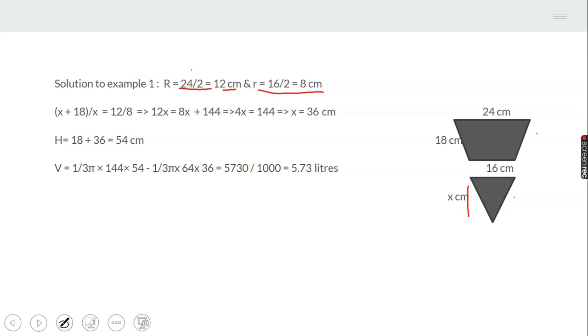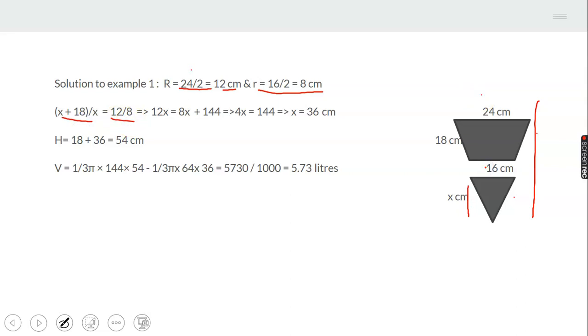Now, by symmetry, the ratio of the height of the bigger one, the entire cone, over the height of the smaller one will be the same thing as the radius of the bigger one over the radius of the smaller one.